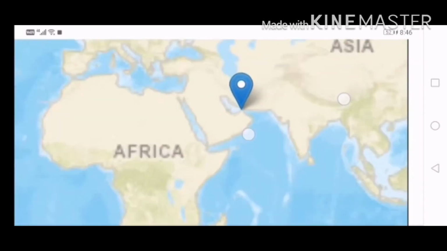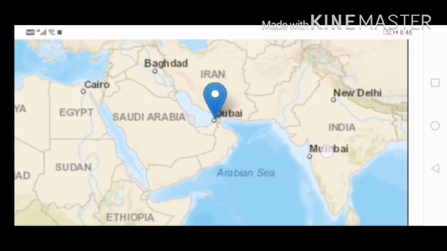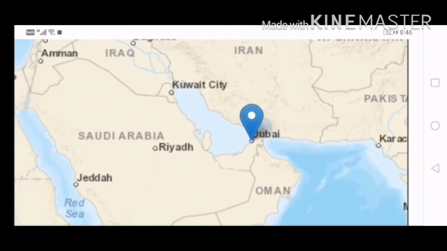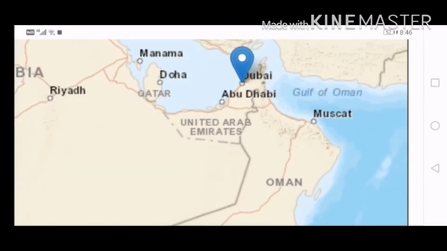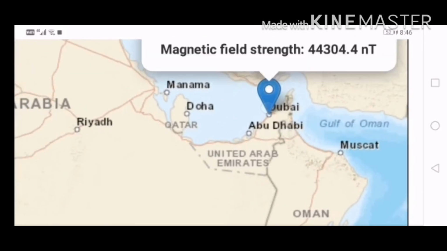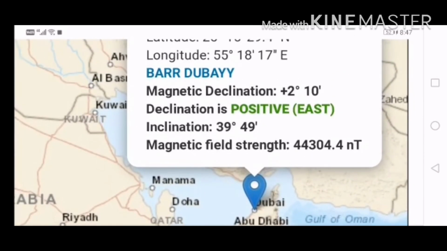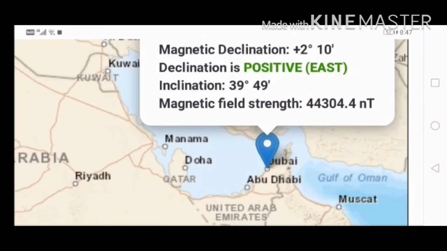Now I will give you an example, which is when we want to build a mosque. We use a compass to find the Qibla. But the compass gives us the direction according to the magnetic field, and we don't want that when we are building the mosque.